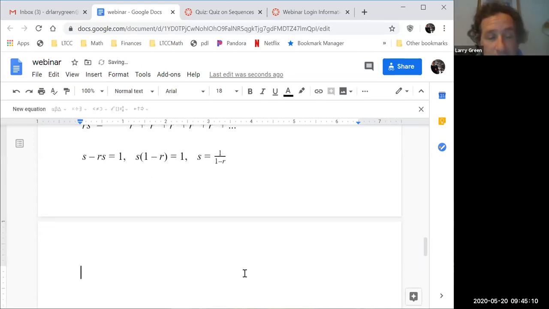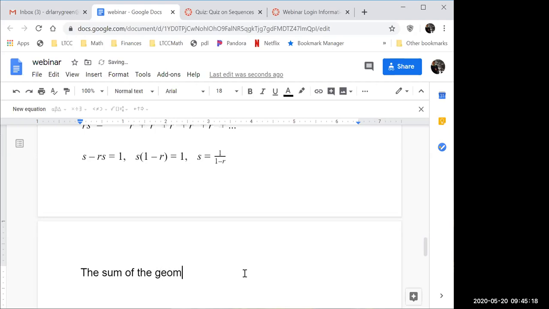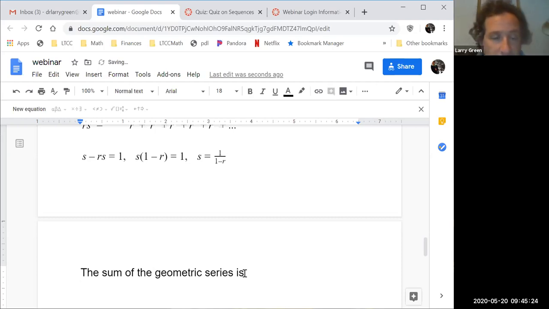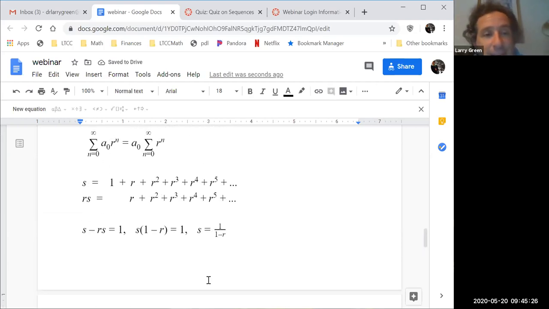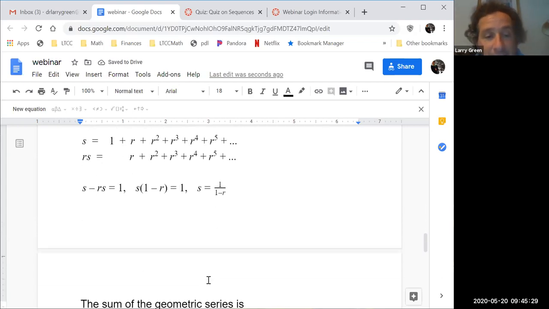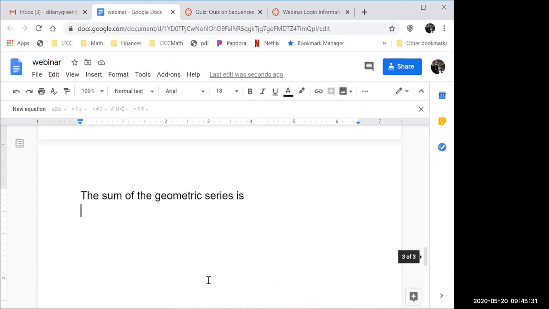So in general, the sum of the geometric series is, remember at the very beginning, I pulled out the A naught. Now I have to put it back in.